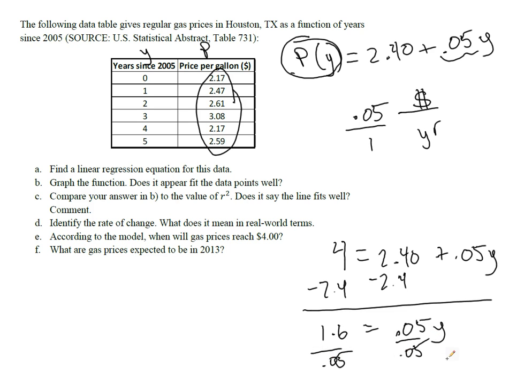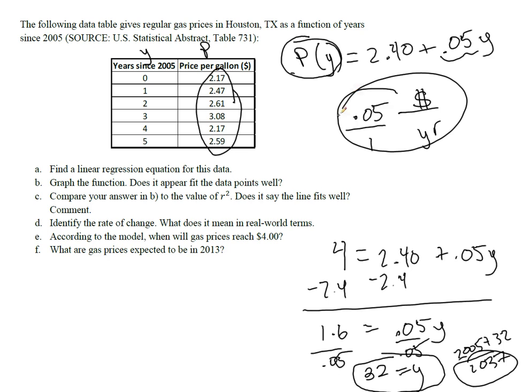And we get 32 equals y, telling us that 32 years after 2005, so that would be 2005 plus 32, in 2037, if the prices go up by 5 cents per year, we would expect that the prices would reach $4.